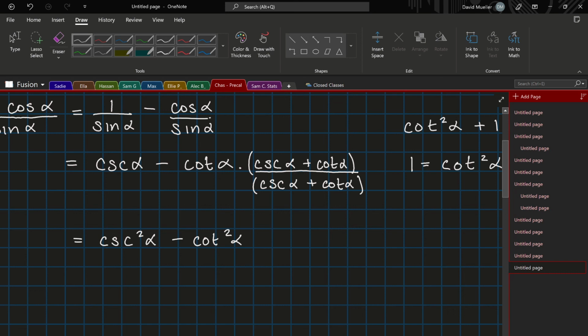So that should all be over cosecant plus cotangent, because there's nothing on the bottom on this one. And then that's the same as 1 over cosecant plus cotangent.